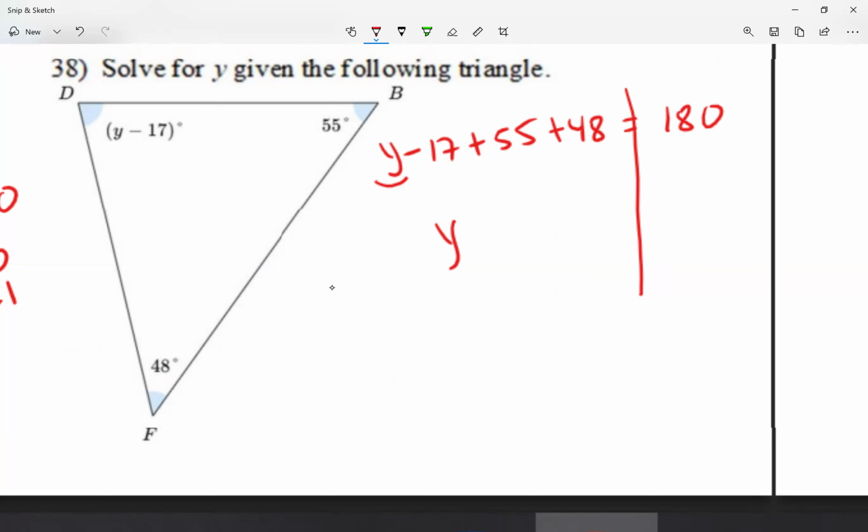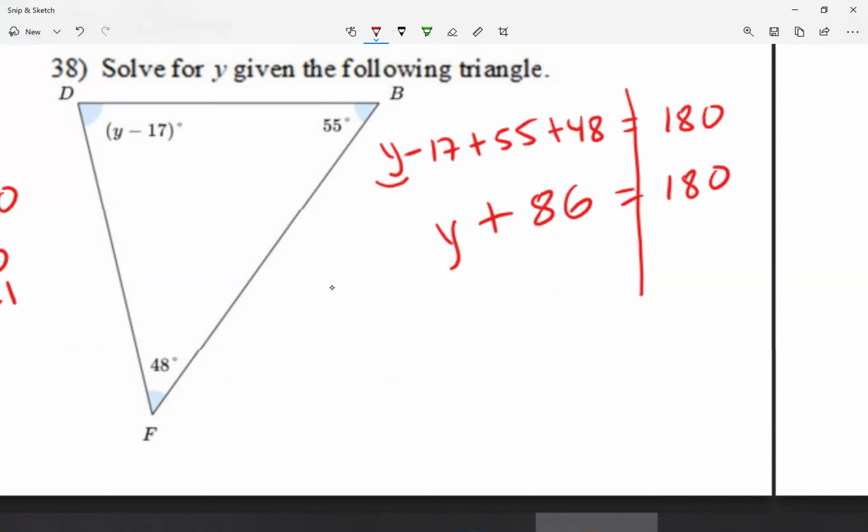Keep in mind, I call it negative 17 just in case you type it on the calculator. Don't go minus 17 because then it's going to tell you error. So for the calculator to understand, I went negative 17 plus 55 plus 48. So all that is 86. Okay, good. I simplify it and it's 86 and all this is equal to 180.